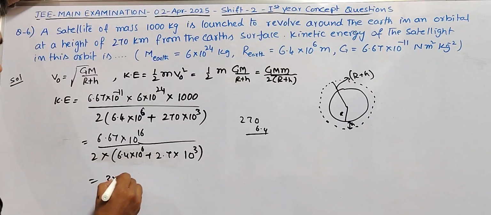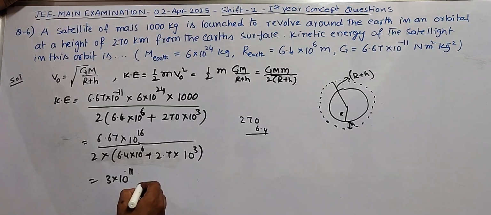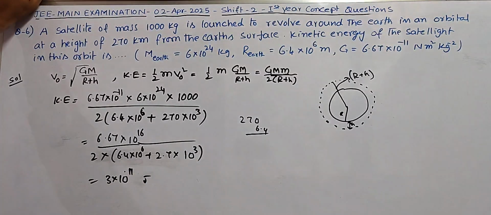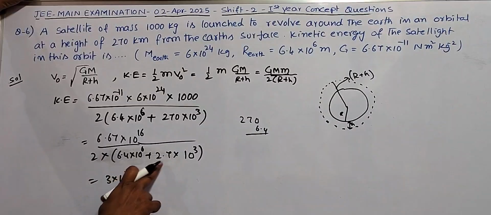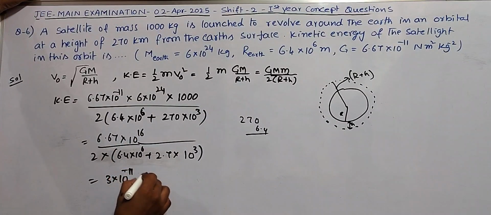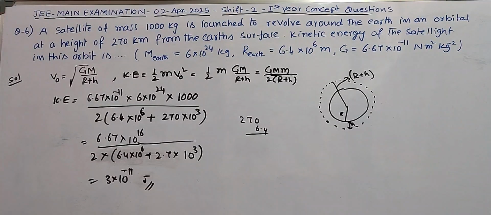So 3 into 10 power 11. When you subtract this, the kinetic energy is of the order 10 power 16 by 10 power 6, that means 10 power minus 11 joule. This is the answer for this question.